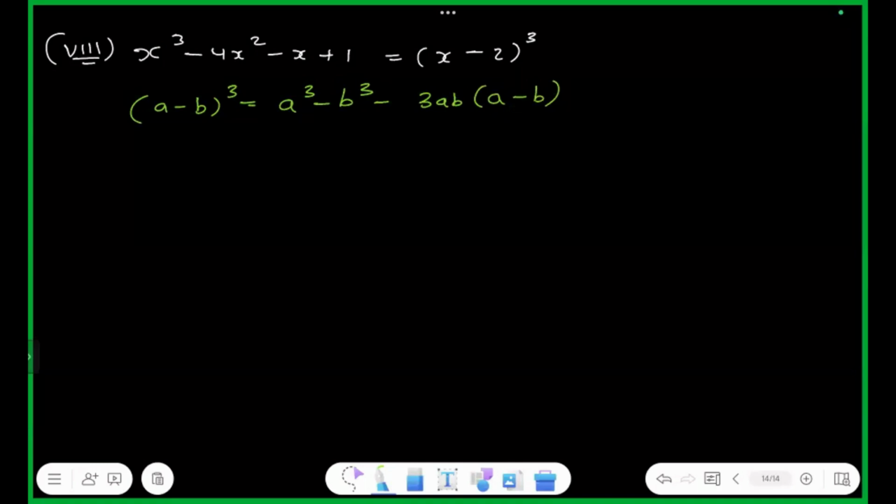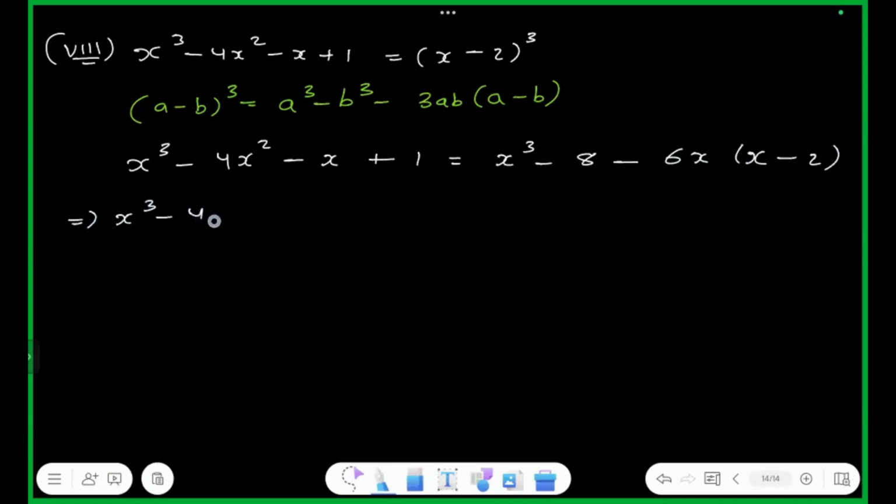Now here a is x and b is 2. So x cube minus 4x square minus x plus 1 is equal to, using the identity, x cube minus 2 cube, 8, minus 3 into 2, 6, x minus 2. So x cube minus 4x square minus x plus 1 is equal to x cube minus 8 minus 6x square plus 12x.